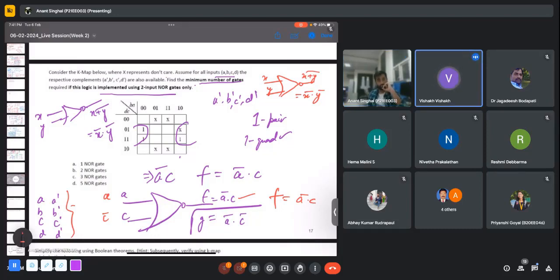Okay, okay. One NOR gate. So you can see that only one NOR gate is giving the final expression that I need. Everyone is able to understand the same?